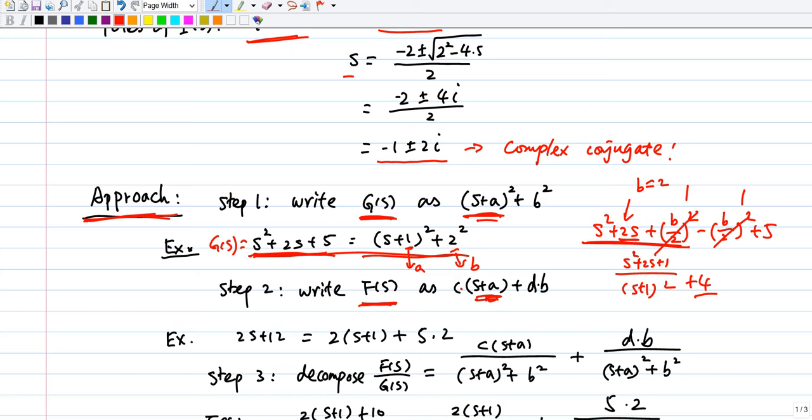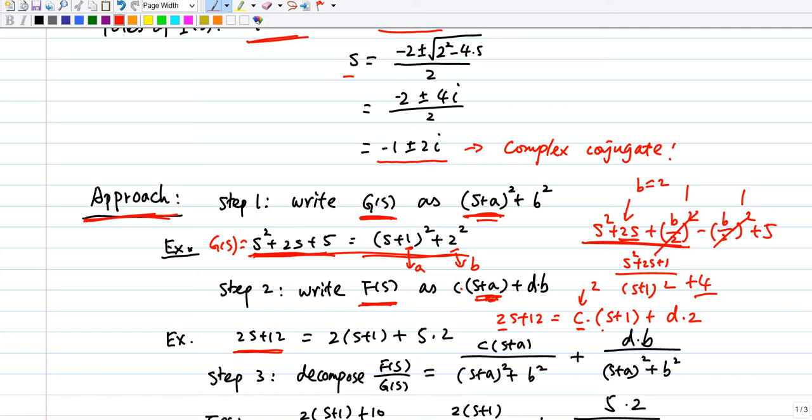Here F(s) is 2s + 12, so I have to write this as something times (s + a), where a is 1, plus d times b, where b is 2. Because this must match, you have 2s here, so we must have c = 2, otherwise it won't be equal.